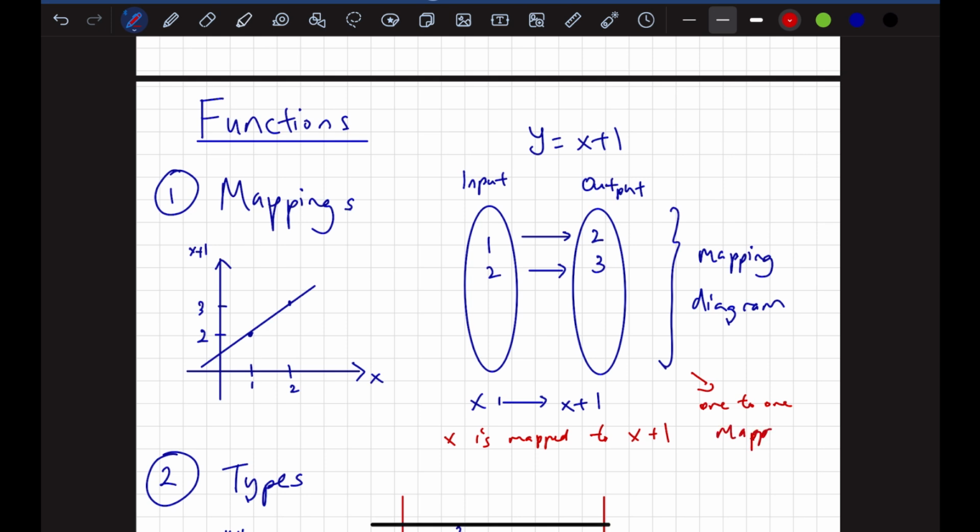All right, so 1 input, 1 output. All right, so this is, I would say, the beginning concept of functions. And we will look at more examples of different mappings. Okay, so let's look at the next part.